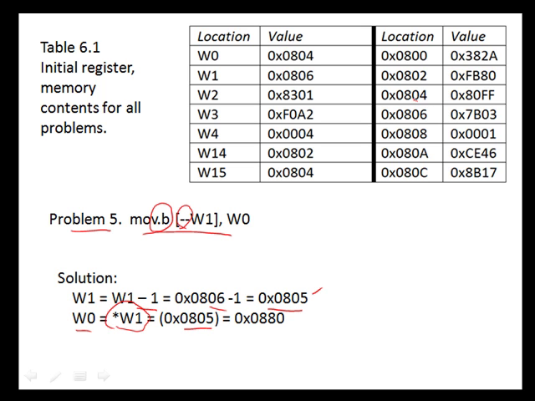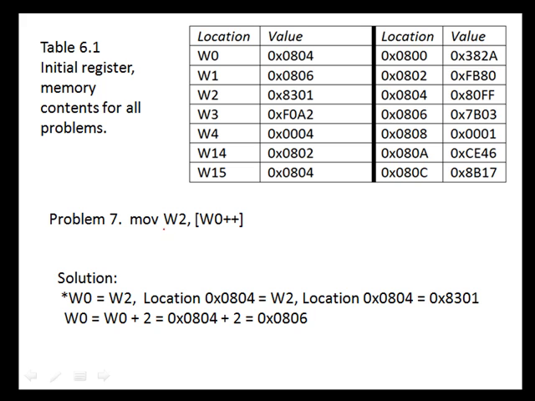So 805 is going to be the most significant byte of 804, so this 80 is going to be moved to the least significant byte of W0. So this byte right here will become 80. The most significant byte of W0 will remain unchanged, so the new value of W0 will be 0880, while W1 is going to be 0805.